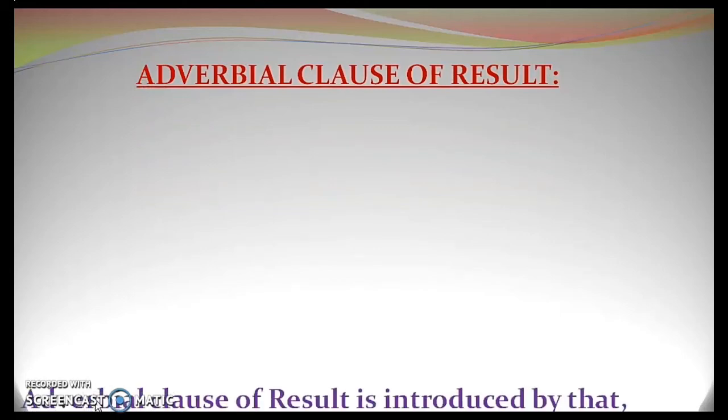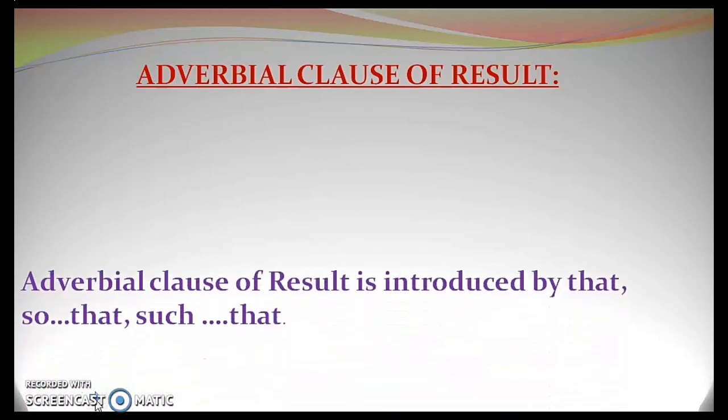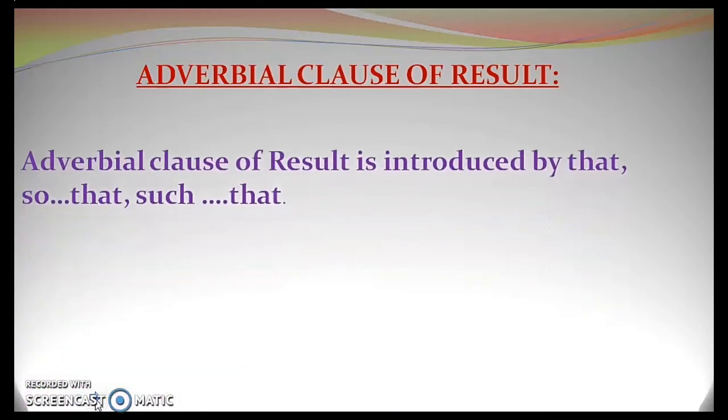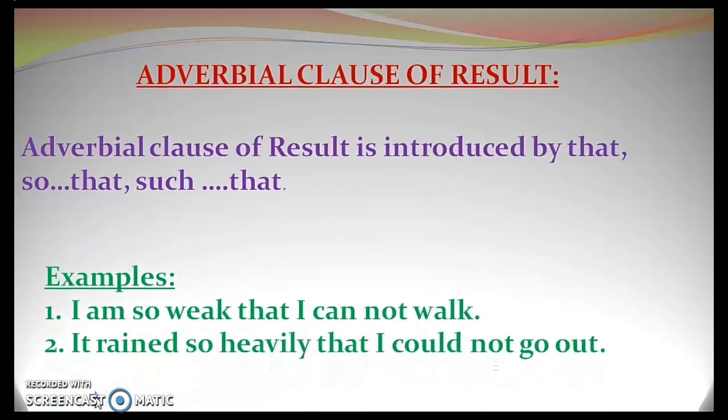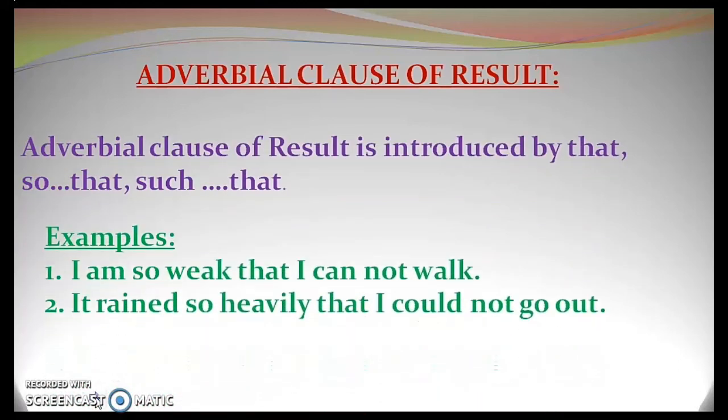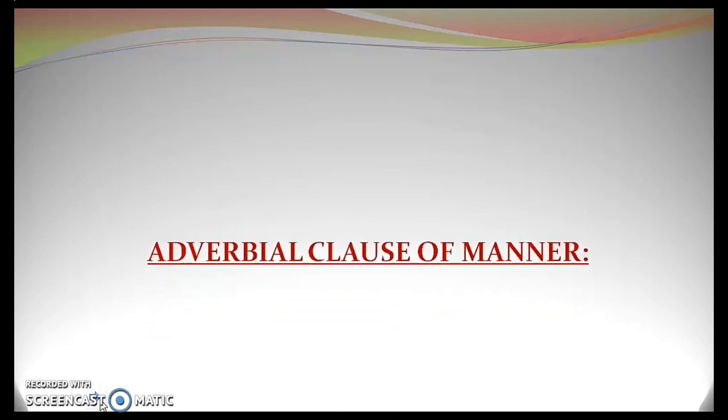Next, subordinate adverbial clause of result. Adverbial clause of result is introduced by that, so that, such that. Examples: I am so weak that I cannot walk. Another example: It rained so heavily that I could not go out.